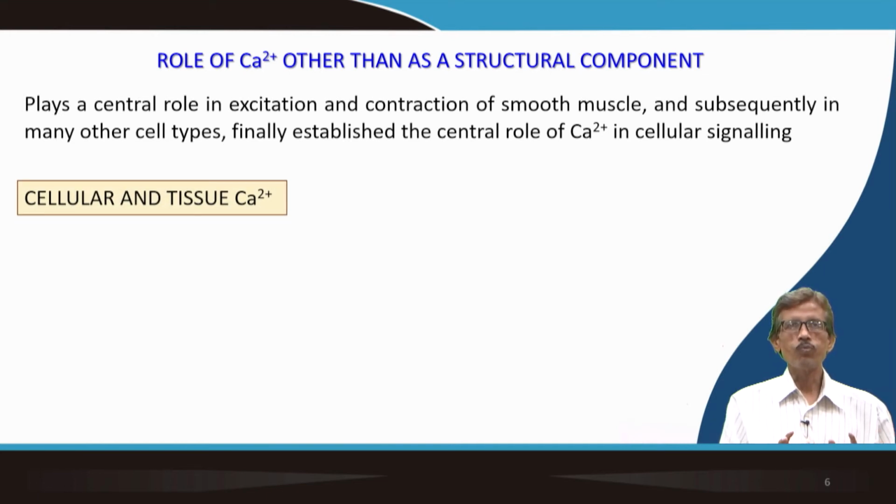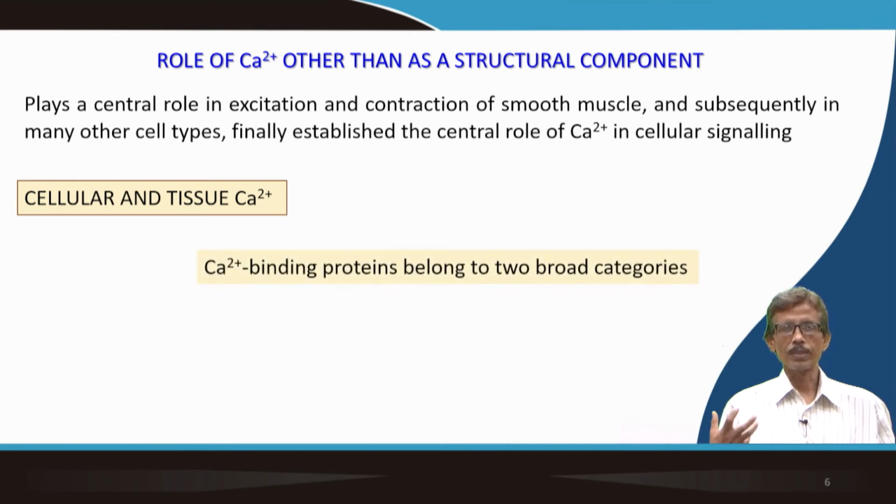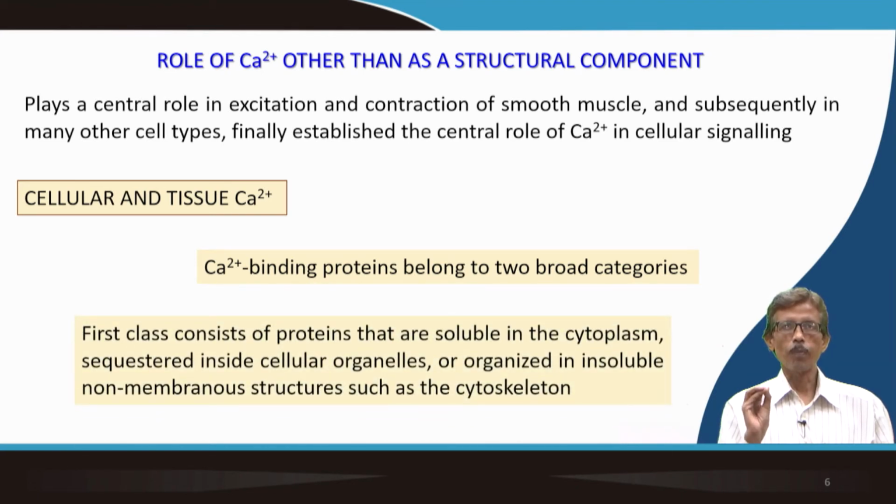So, if we now move calcium not from bone and not from teeth, but to the cellular level and the tissues, the cellular calcium and the tissue calcium are all solubilized calciums, not the mineralized calcium. So, for calcium binding proteins, we can have two broad categories, not the calcium giving you calcium carbonate, calcium phosphate or calcium sulfate and then mineralized with your biological cartilage and all these things.